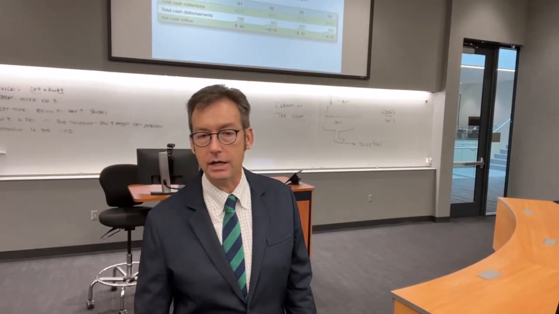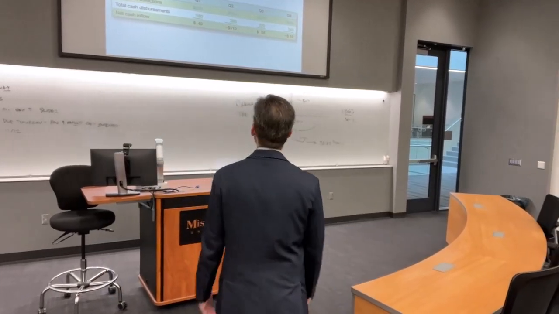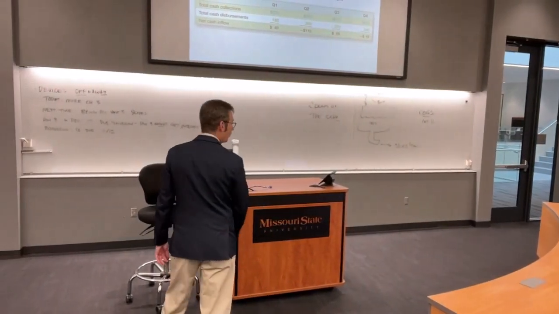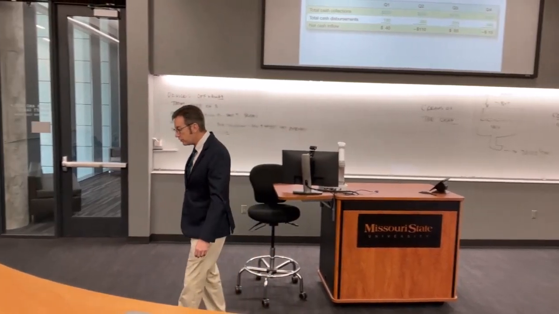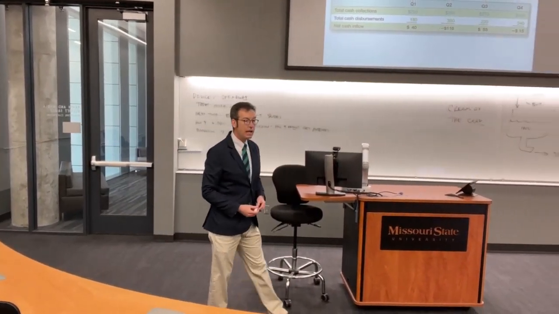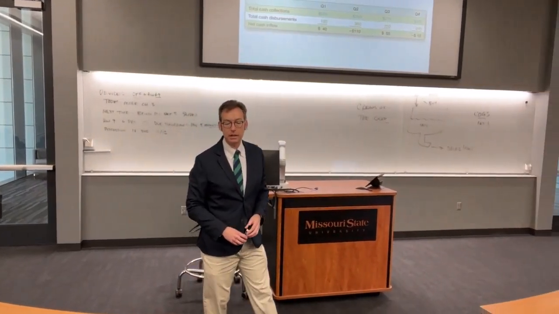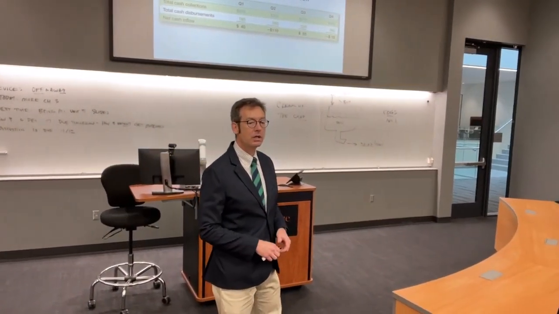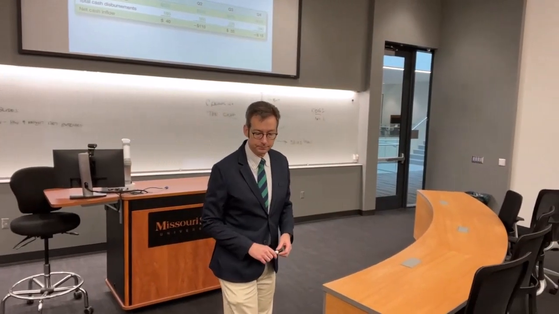So we're assuming we walk into this with 20 in cash. Go ahead and write that down. Assume we walk in with 20 in cash. In quarter one, we have 220 coming in. We have 180 going out. So we have a cash surplus of 40. What is our cash balance now?